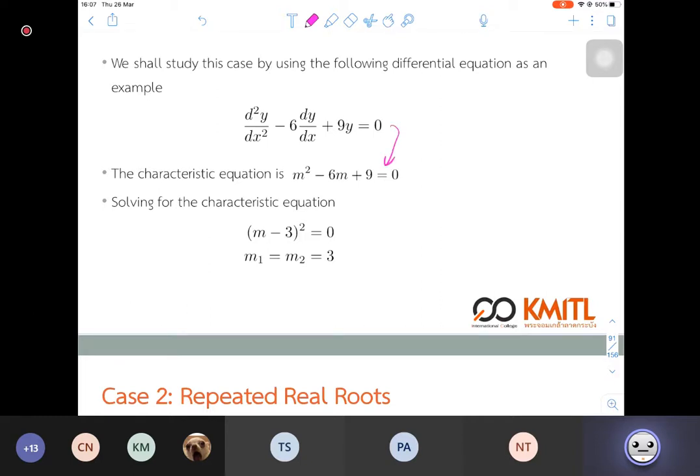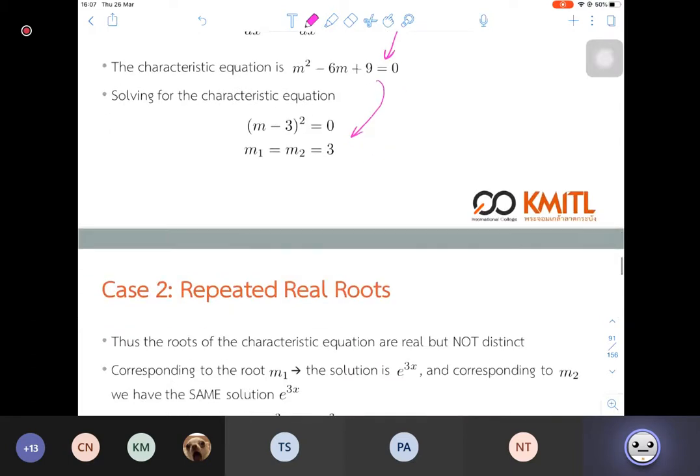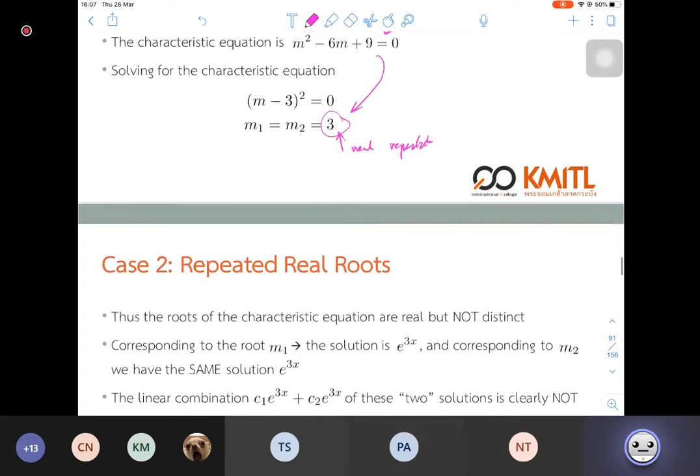So when you find the corresponding characteristic equation, you would have m squared minus 6m plus 9 equal to 0. Okay? And when you find the roots, you would have m1 equal to m2 equal to 3, right?